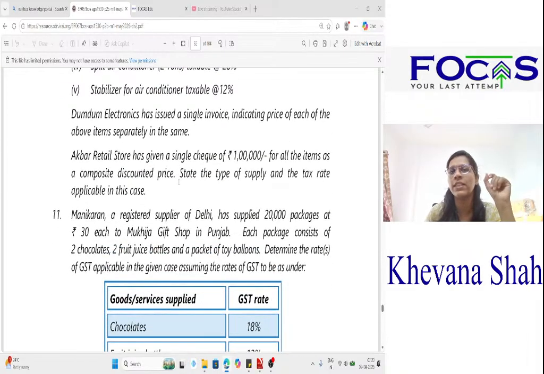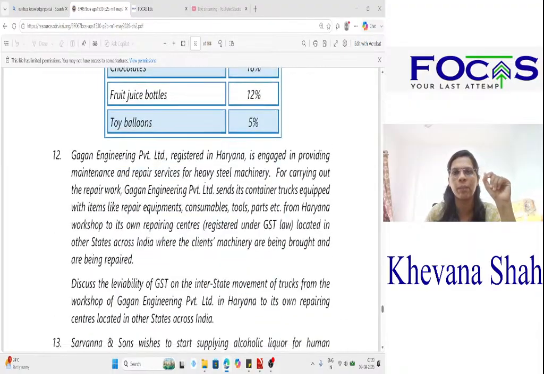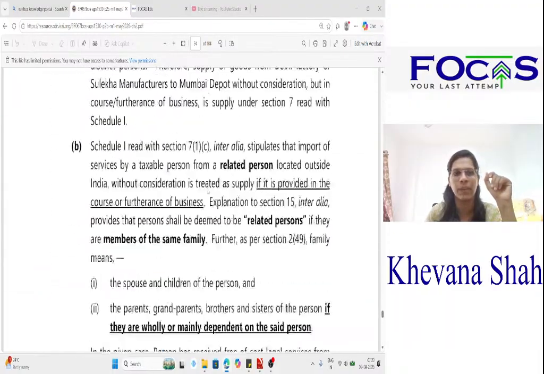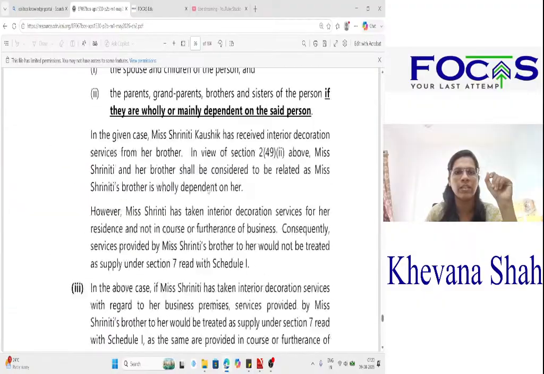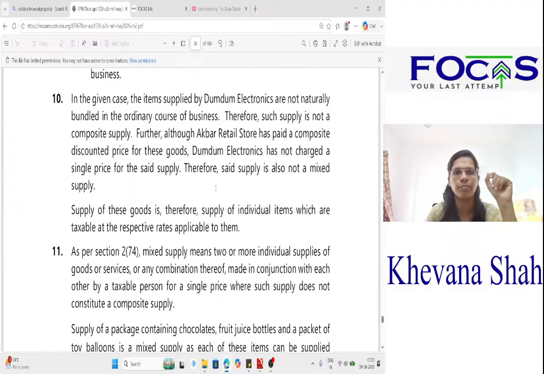Though you have given separate prices of each of them, but still you are giving a discounted single price of 1 lakh rupees. So now what do you think? Will this be a mixed supply or a composite supply? So let's come to the answer and conclude.